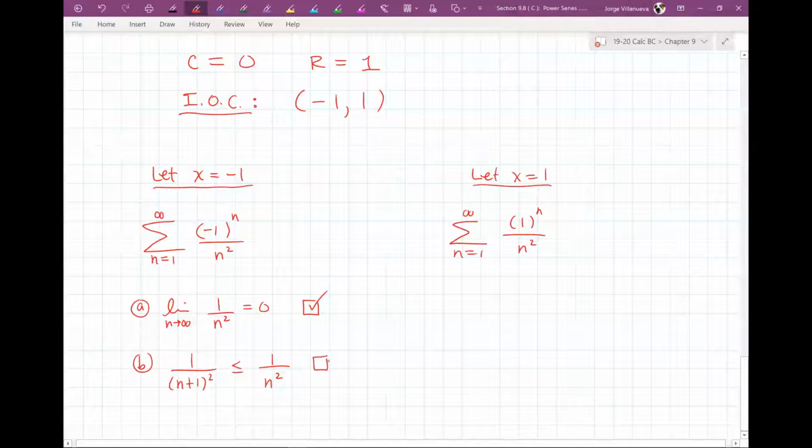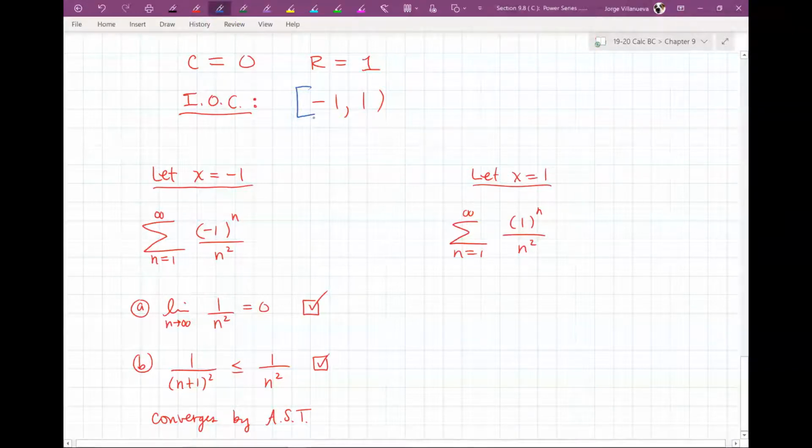What do you think? Which denominator is bigger? Left or right? Left. So when it's a fraction, that means it must be smaller. So then this converges, right? By alternating series test. So I'm going to go back up here and put a bracket on -1.